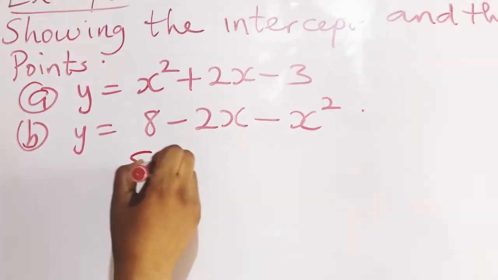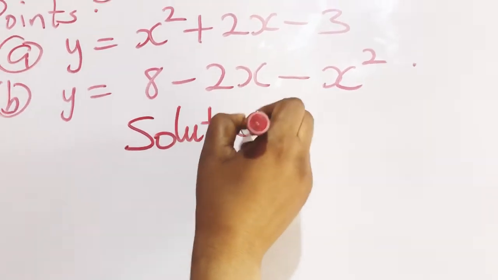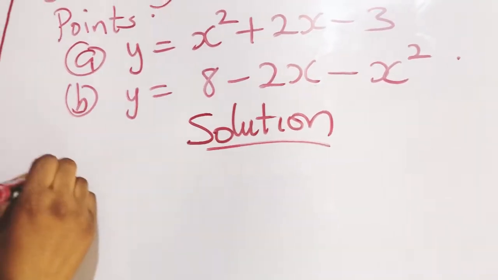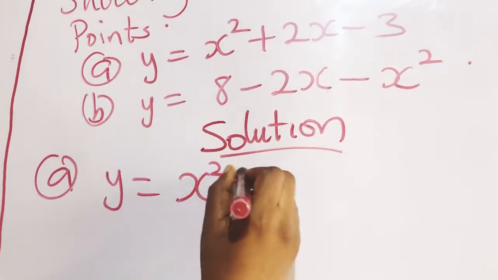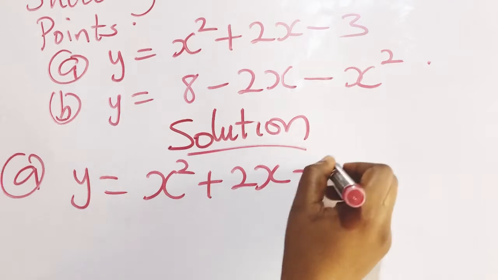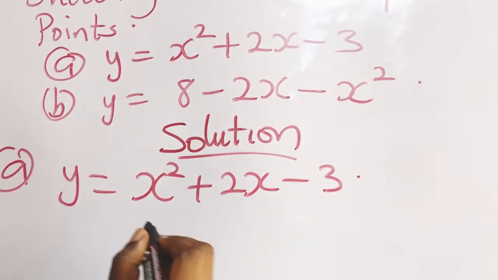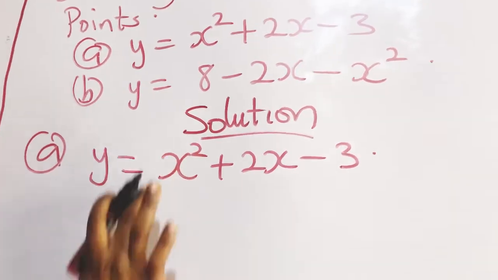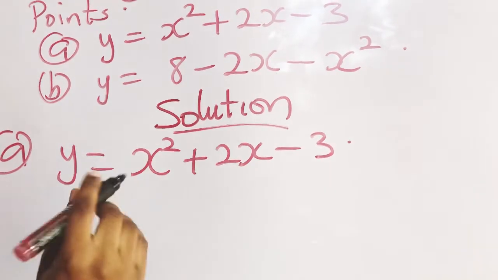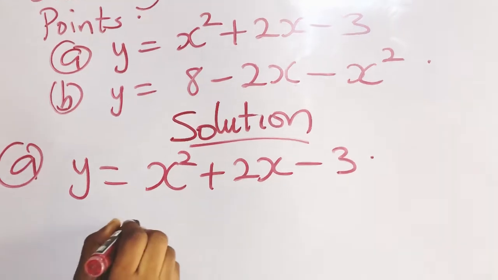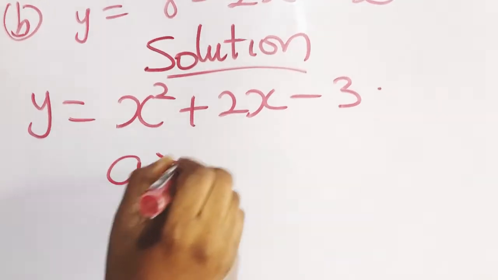Solution. So the first one, y is equal to x squared plus 2x minus 3. The first thing that we need to observe here is the coefficient of x squared. The coefficient of x squared, a, is 1. So we can see that a is greater than 0.